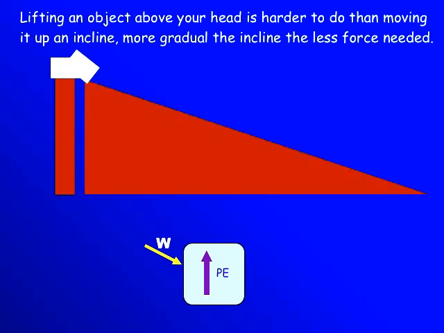If the incline is even more gradual, and I lift the same box from the same starting position to the same final height, then the same work is done in all three cases. But you know something is different, and that is it's easier to lift the last box up the more gradual slope. Less force is needed, but the same amount of energy has been increased for the box, the same change of energy or the same work.